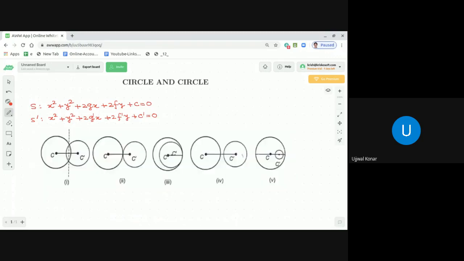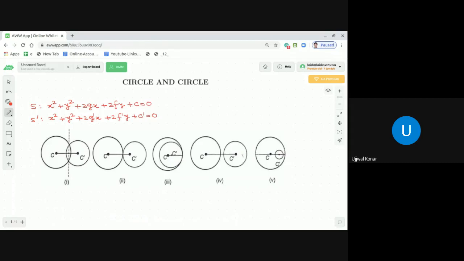Then you'll get any of these 5 situations between two circles in a graphical representation. But just by means of algebra, how can you conclude what is the position between these two circles among these 5?